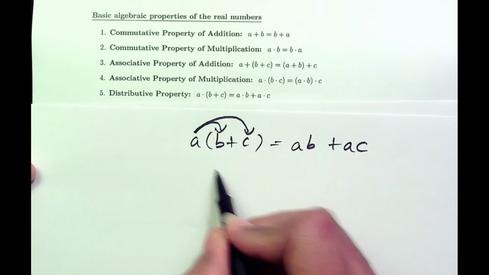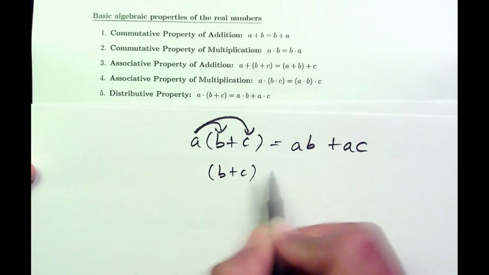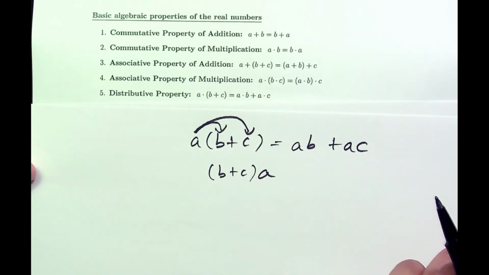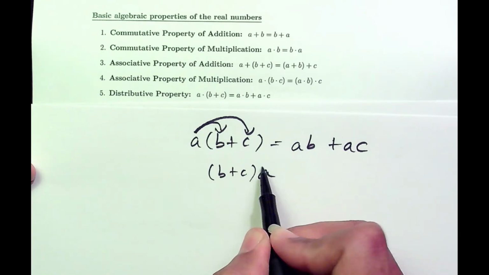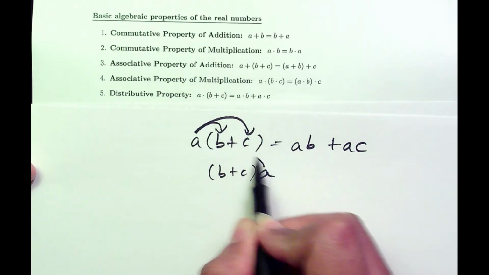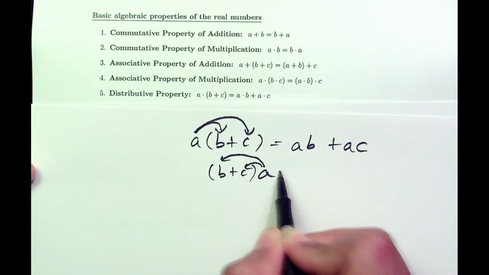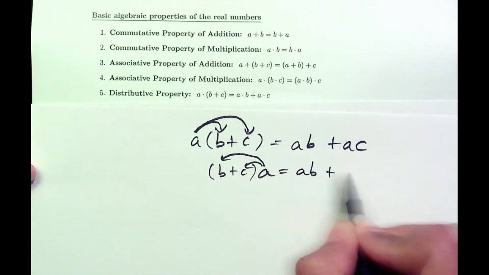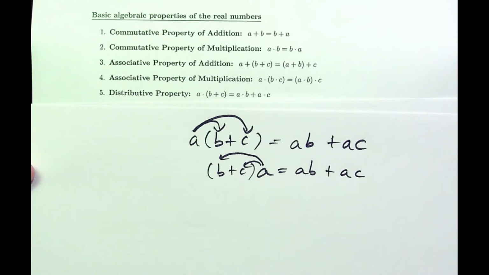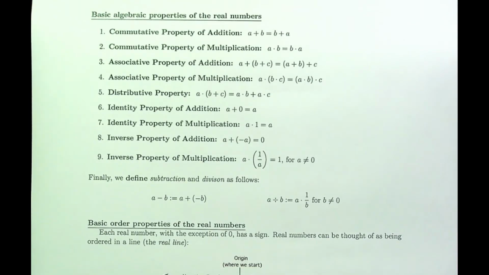It would be the same thing if I had the A on this side. You can distribute: A times B, A times C. That's the distributive property.